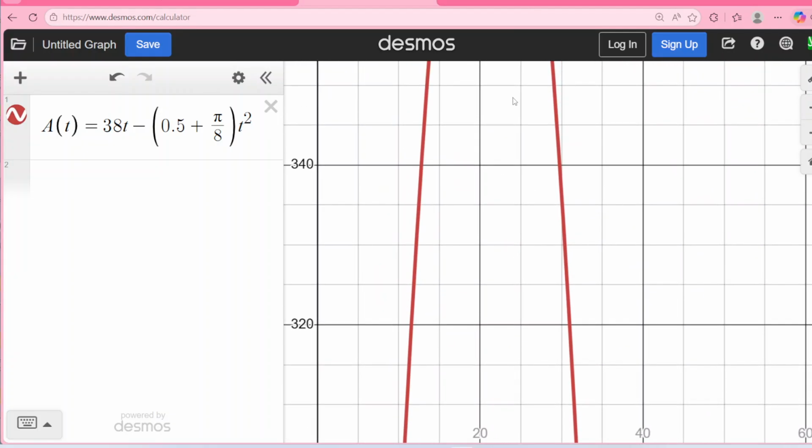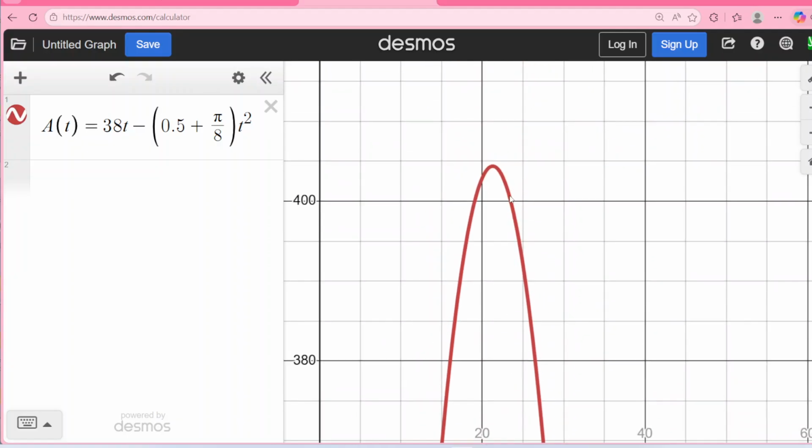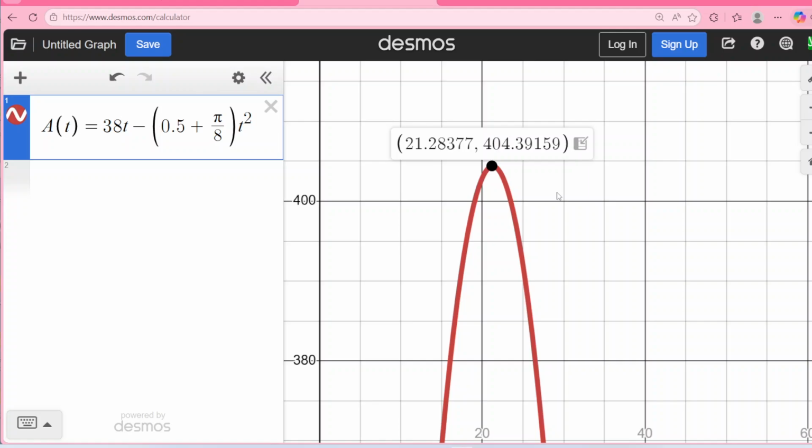There it is. So the largest area you could possibly get here is 404.4, right? If you round to the nearest tenth, 404.4 square meters for the largest possible area of this Norman window with a perimeter of 76.